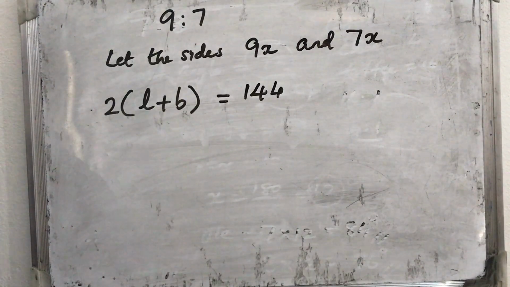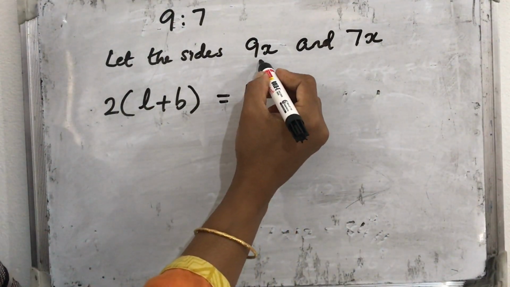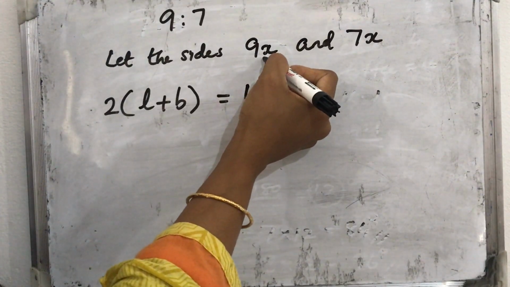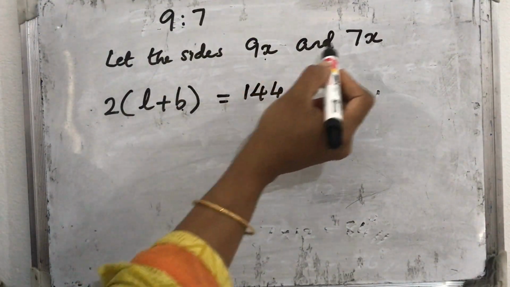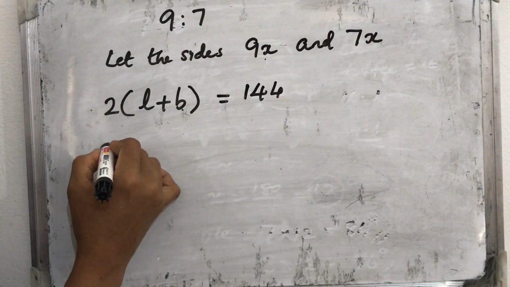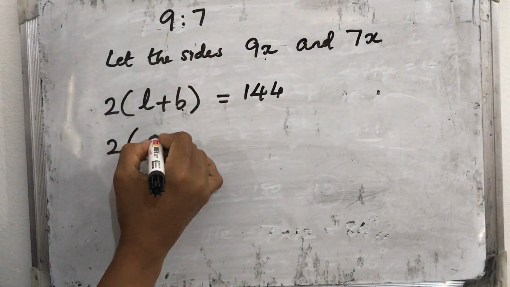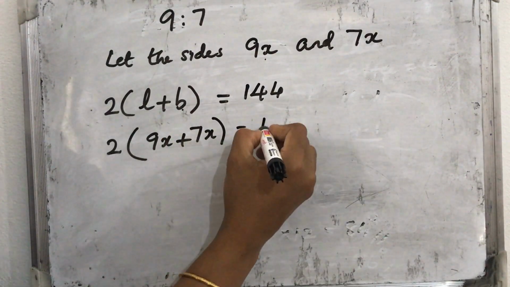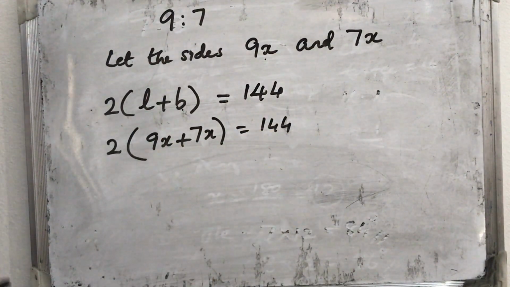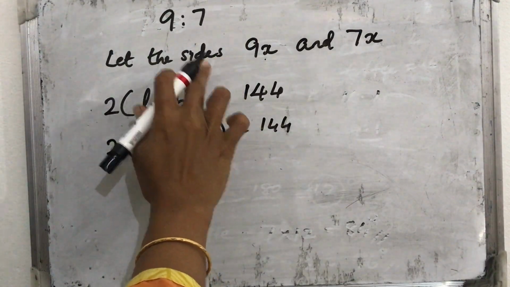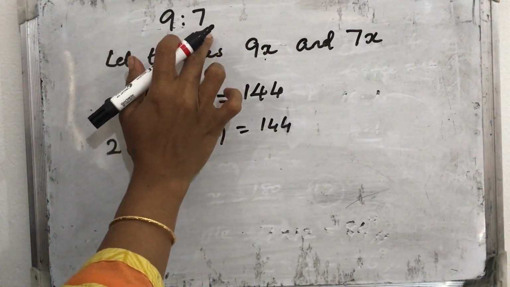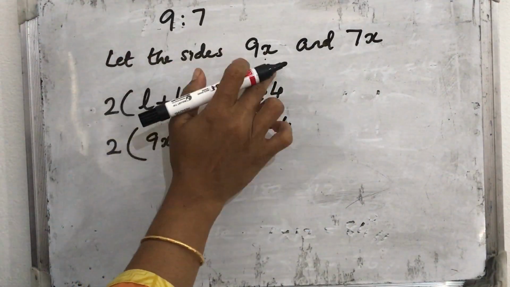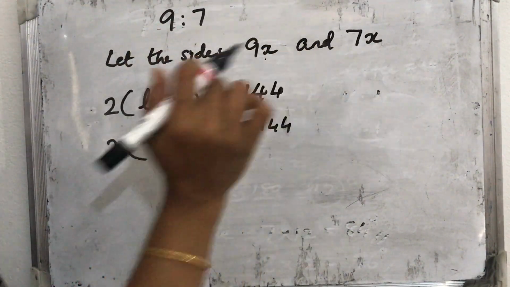Now substitute here. Which will be the greater one, 9x? So that will be the length. So instead of length we take 9x and instead of breadth we take 7x. So 2 into 9x plus 7x equals 144. Understand? Because the ratio is given 9:7, we take length as 9x and breadth as 7x.